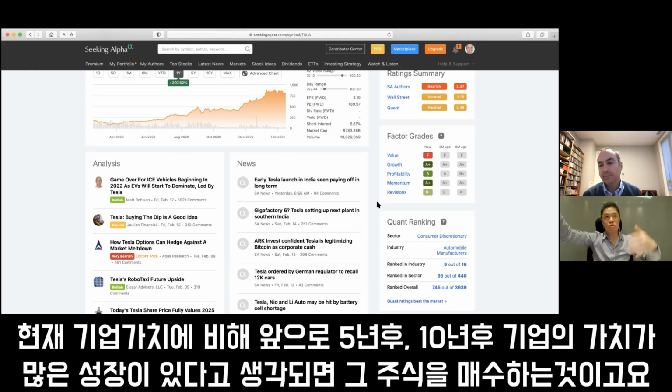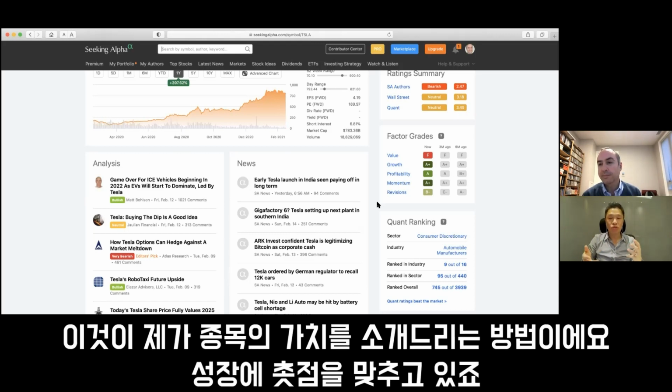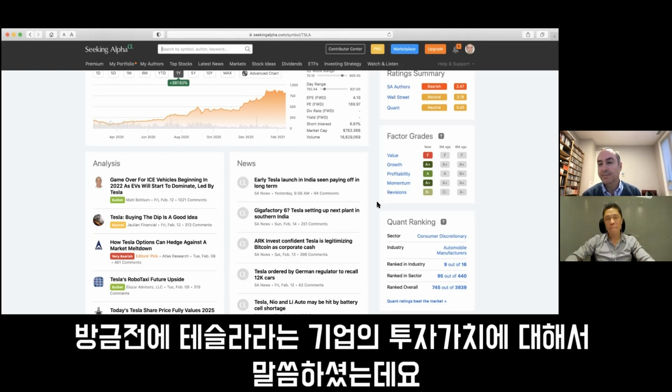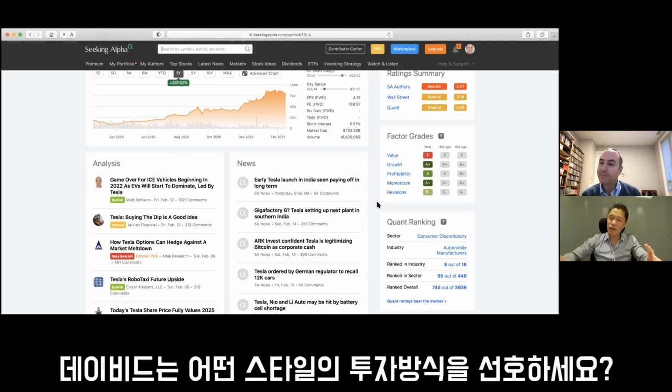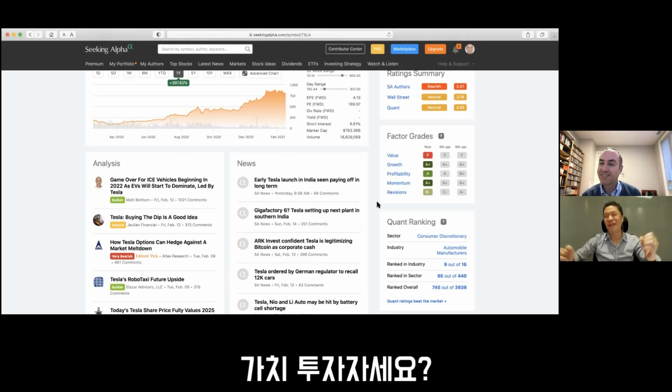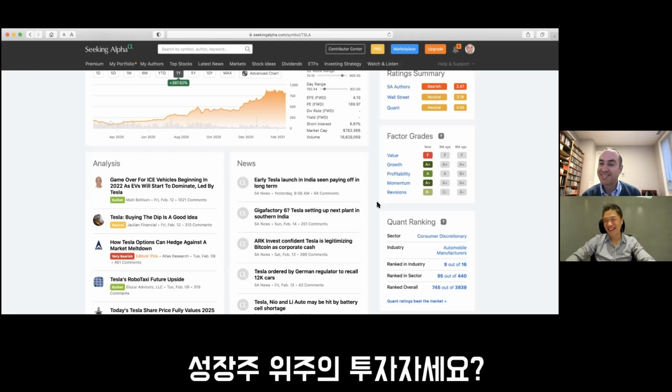And then we buy as long as there's a significant difference between the current value of the company and its value in 5 or 10 years' time. That's how I introduce the stocks in terms of investment value, like growth basis. So because you just mentioned Tesla's investment value, what kind of investment style do you prefer? Are you a value investor or a growth investor yourself?